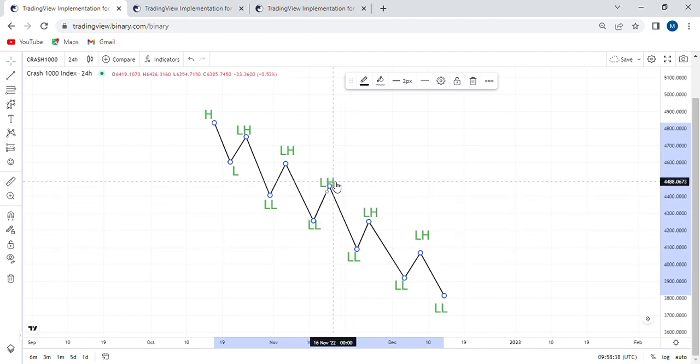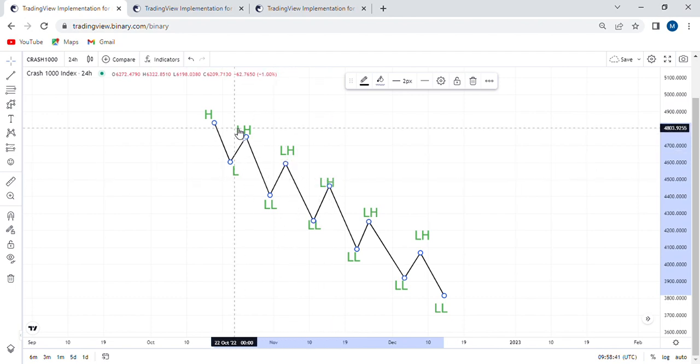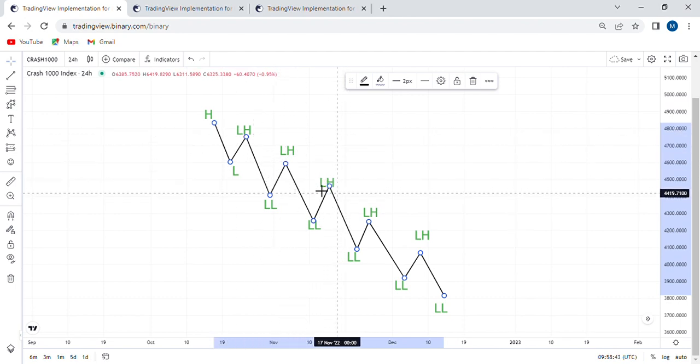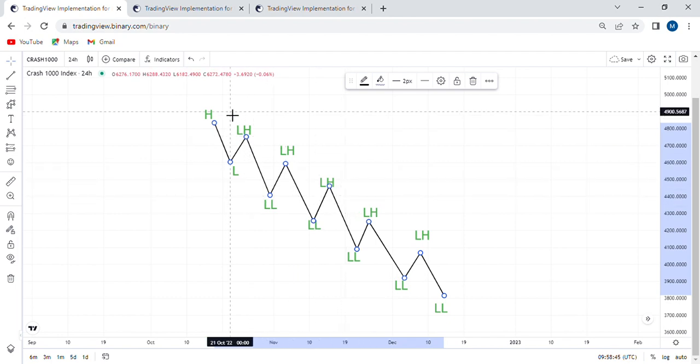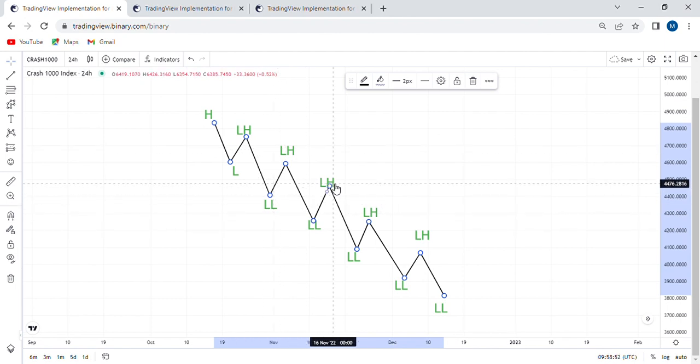No, I mean, this is supposed to be for the lower highs. Sorry guys, this is supposed to be for lower highs, so we cannot validate this as a lower high. Just like that. So this is our last lower low and our last lower high.